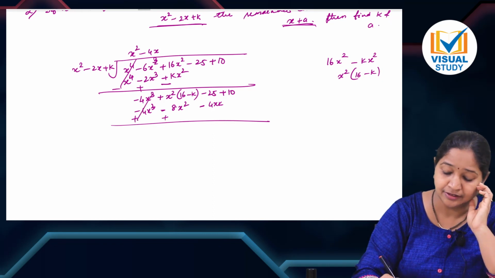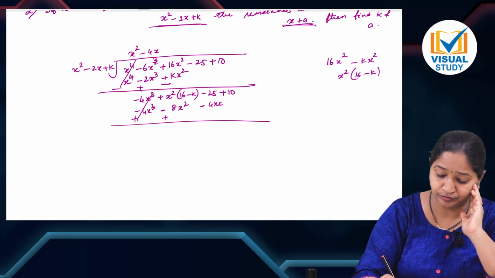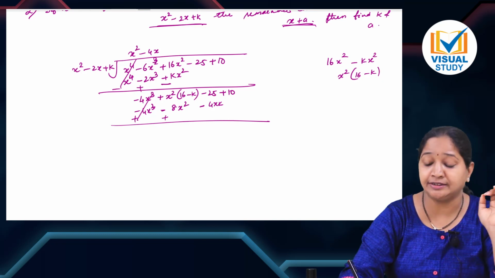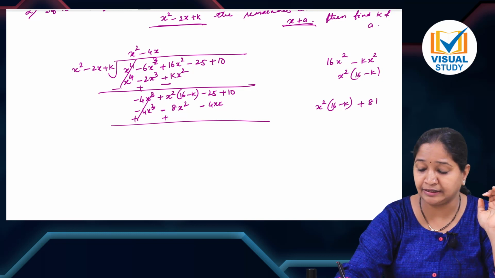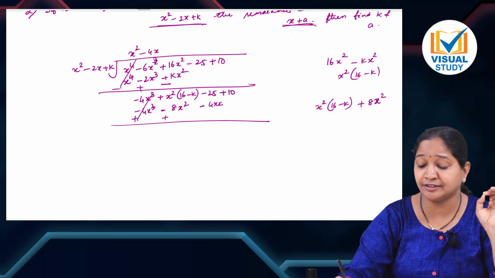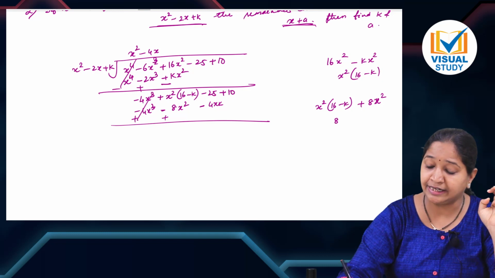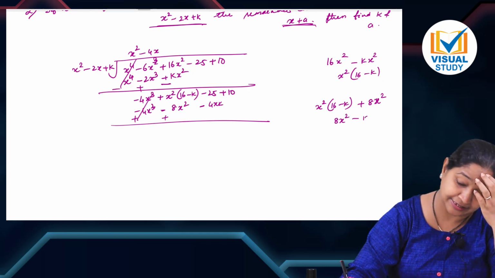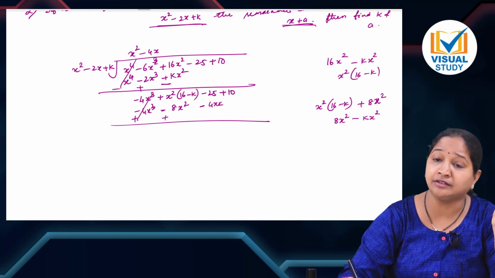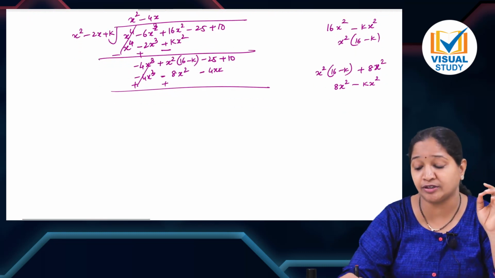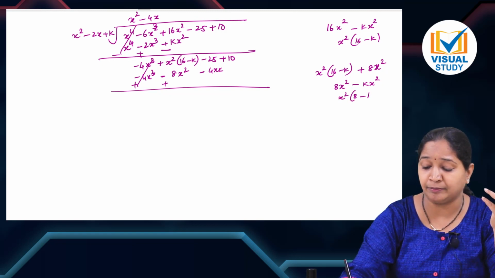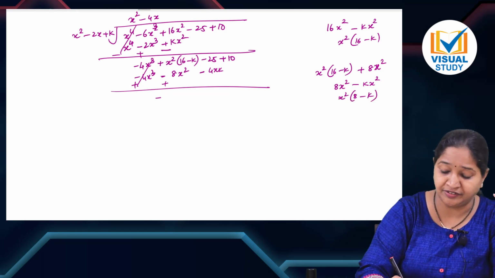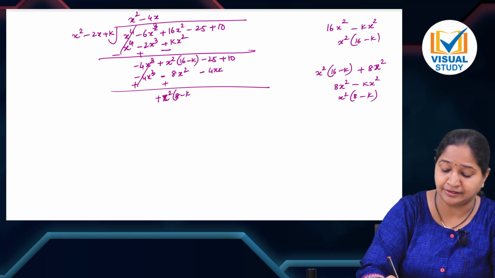Now here, x square into 16 minus k plus 8x square, 16x square plus 8x square. Just open the bracket. You get 16x square minus x square k. Now you get 8 minus k. So in this way you are going to get x square into 8 minus k.